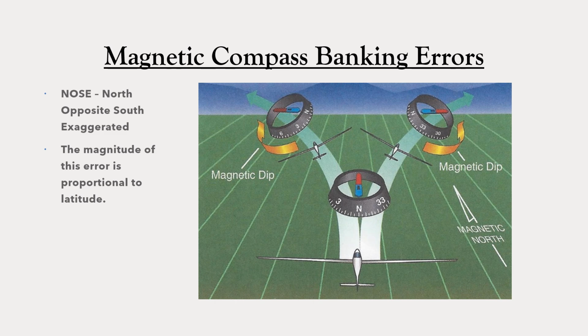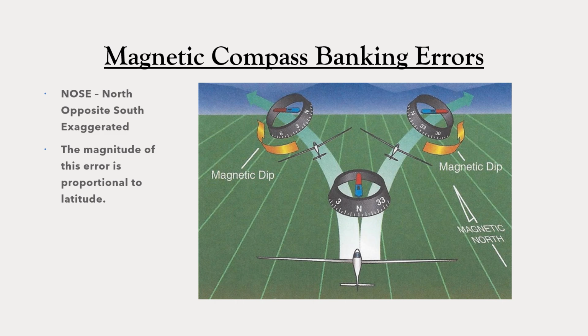If you're headed south and you bank to the left, it will indicate a large turn to the left, even before your aircraft's actually started to point a different direction. So when you're headed east or west, it will read correctly, and then as you move through the turn, it will change.